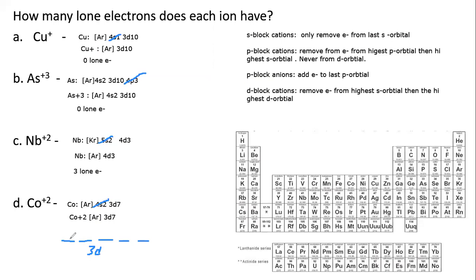So now again, Hund's rule, every degenerate orbital gets 1 electron. So that's 5, 6, 7. So cobalt 2 plus has 3 lone electrons.